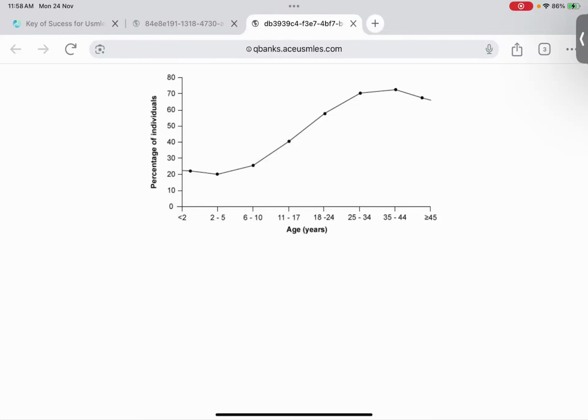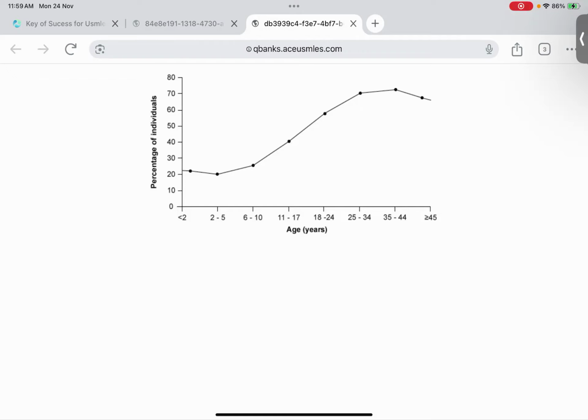So 20 to 30% of individuals with cystic fibrosis are colonized between the age of 2 to 20, right? But as the age increases, you see a lot higher percentage of individuals with colonization by this bacteria, right?